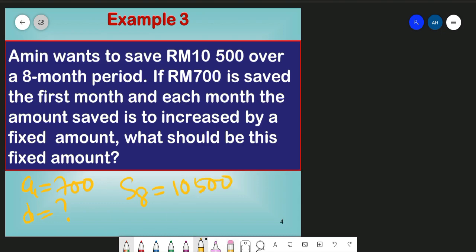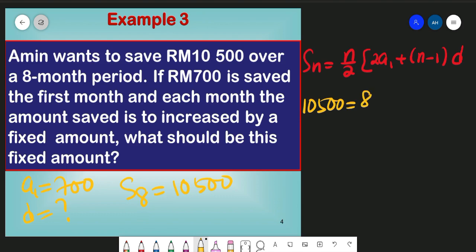Let's write down our formula again: Sn equals n over 2 multiplied by 2a1 plus n minus 1 multiplied by d. Now we have S8, that is 10,500, equal to, n equals 8, so we have 8 over 2, times 2 times a1, which is 700, plus n minus 1.